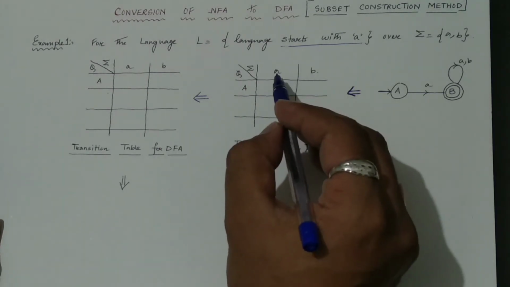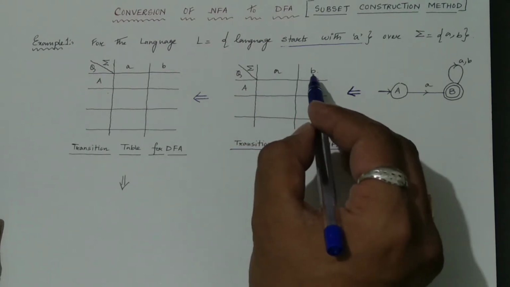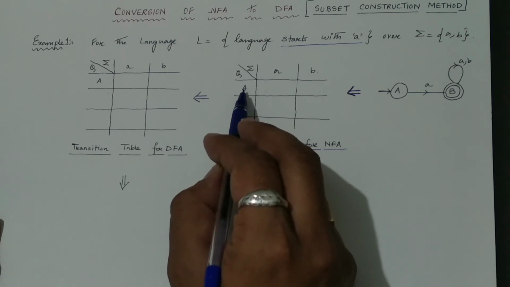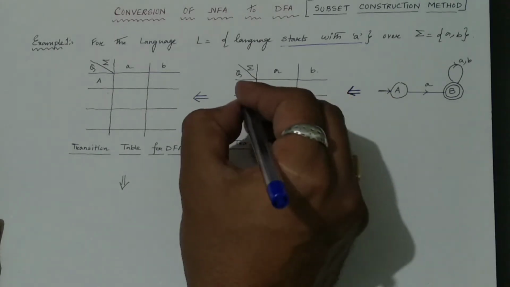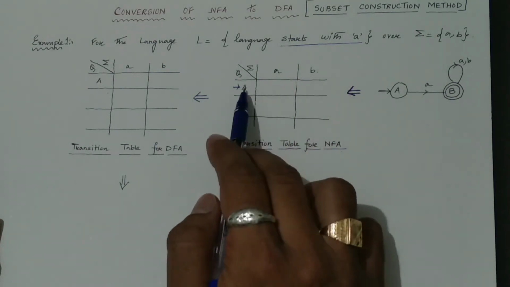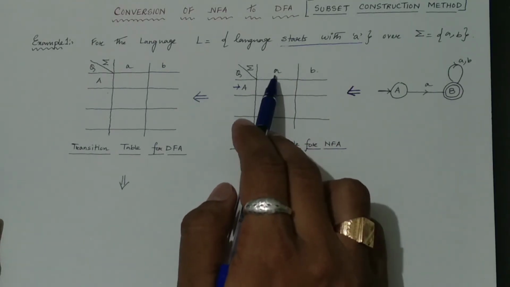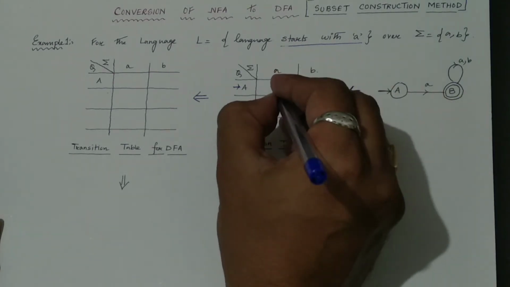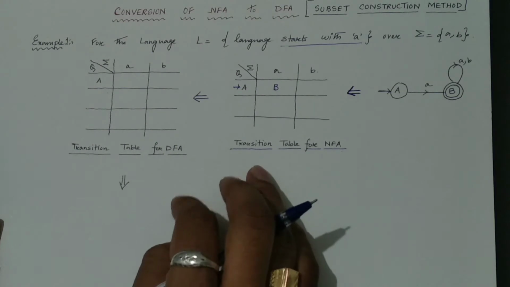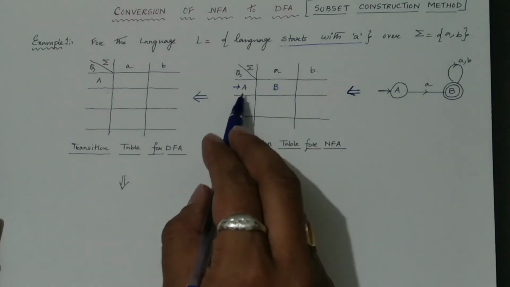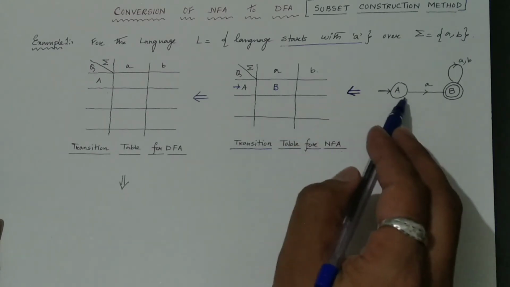According to the input alphabet A and the input alphabet B, we have to cross-verify how the transition is flowing. The initial state is A, so I have taken this as A. Let us check state A on seeing input alphabet A: it is going to B, so I write B. State A on seeing input alphabet B: is it going anywhere?